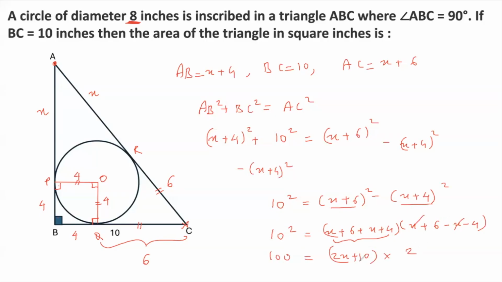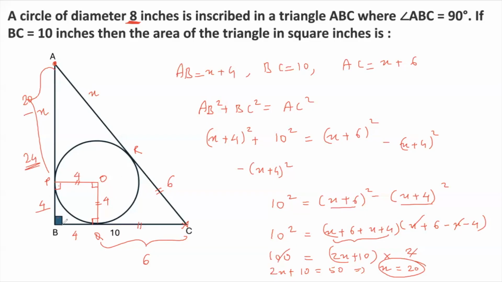So 100 is 2X plus 10 times 2, or the 2 and 2 cancel. I get 2X plus 10 is 50, or 2X is 40, or X is basically 20, right? So if X is 20, I know that AP will also be 20 and AB, the entire length, will be 20 plus 4, 24.